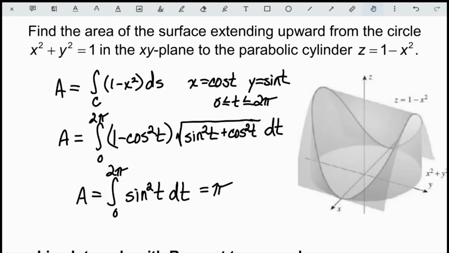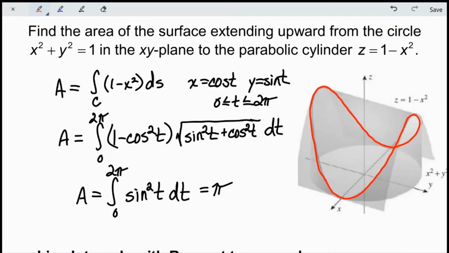Okay, so from the perspective of thinking about what this all means, keep in mind we're integrating along this curve that we see here, right? So we're integrating along this curve as we go around this thing. I know that's kind of weird with the way I drew it, but the idea is, remember, the ds is a small piece of that length of curve. And then essentially what we're doing is we're adding up a bunch of areas as we go through there.